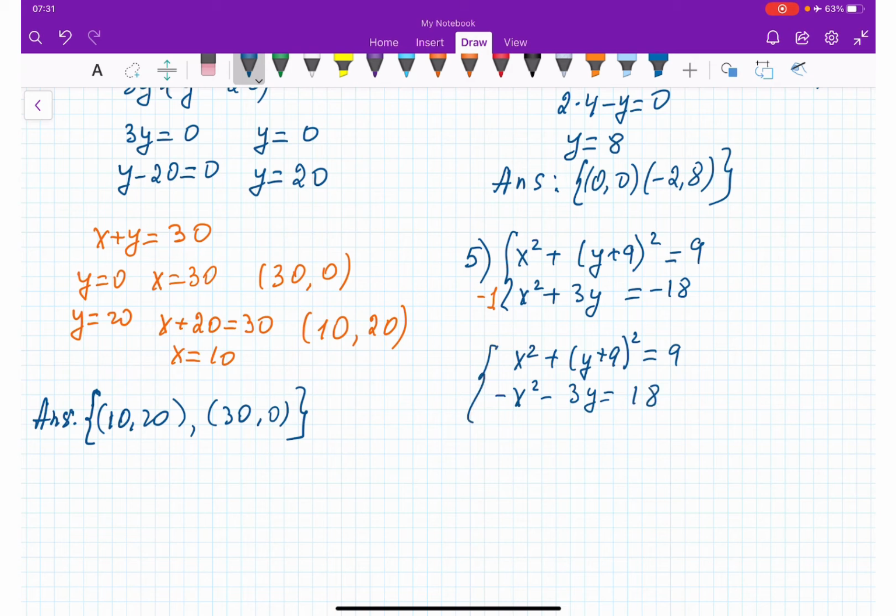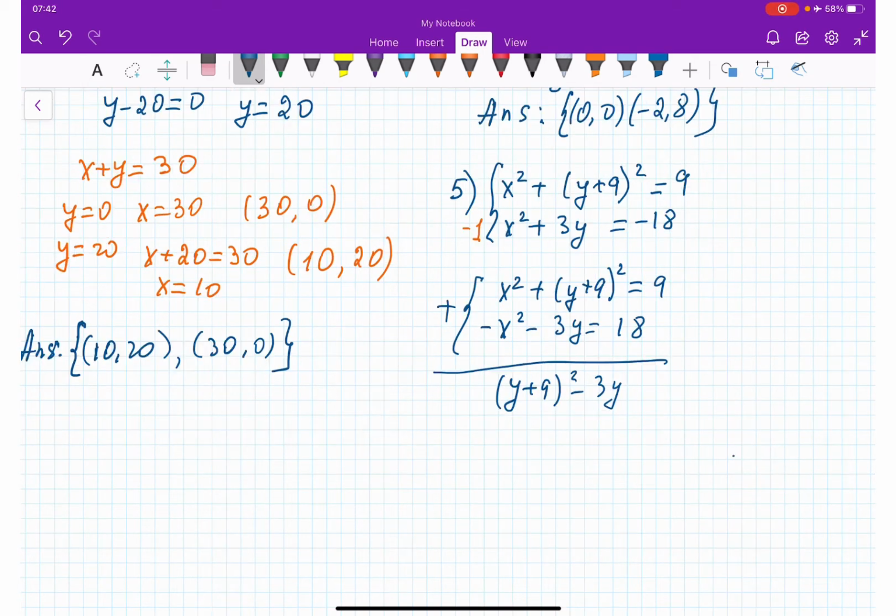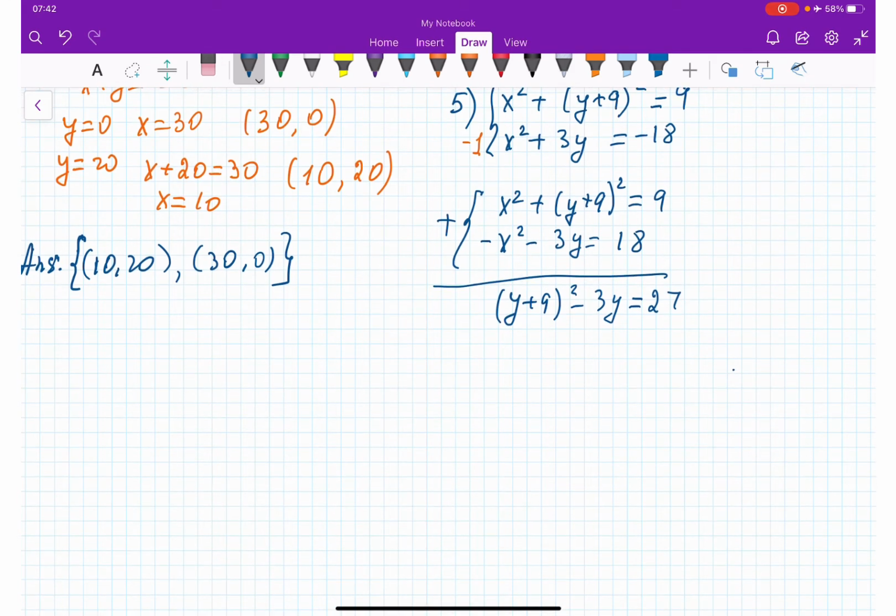Adding them up, this is nicely done. Here we are getting (y plus 9) squared minus 3y equals 27.